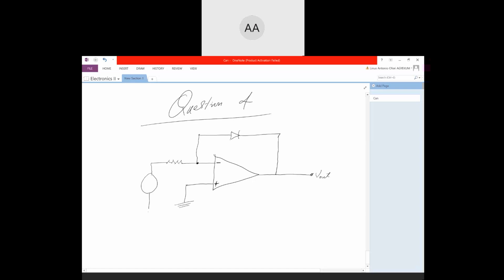And then we have our supply, which is also grounded. Now, they say from the question, this is a sensor. We have V in here, we have R in here.